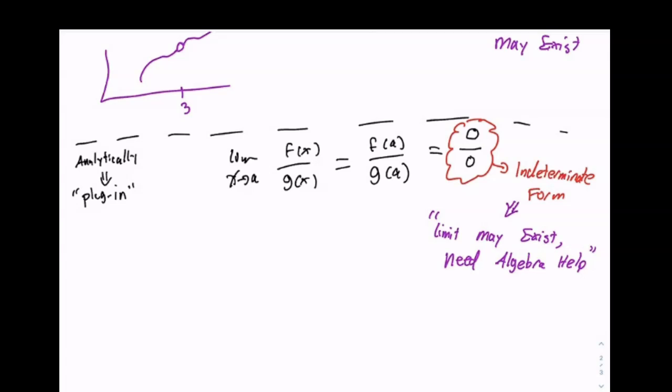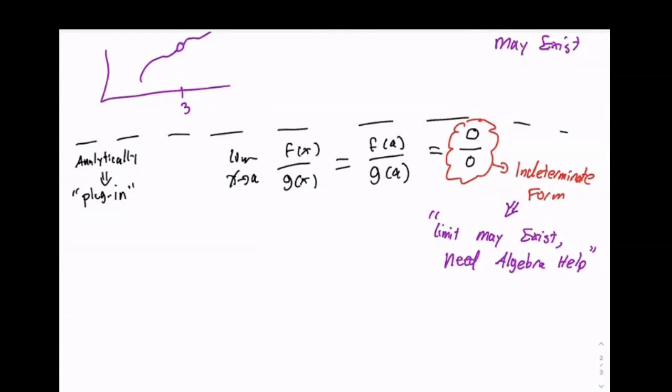Now, over the summer, for my Bridge to Calculus class that we offered to everybody, some students took on doing that work. The base premise, and you don't really need to know this, but it does help you grasp a little bit more understanding, is that when I plug in A, if I get 0, that means that x minus A can be factored out of both the top and the bottom.